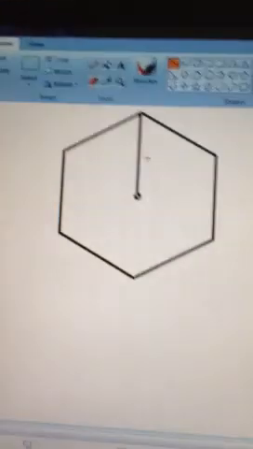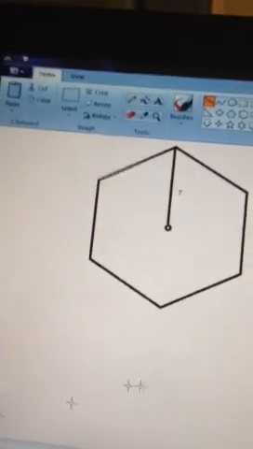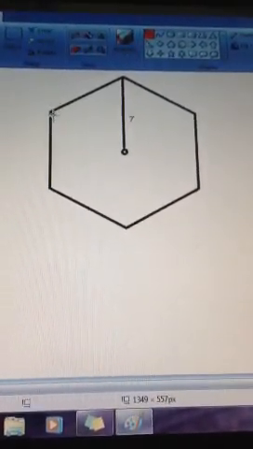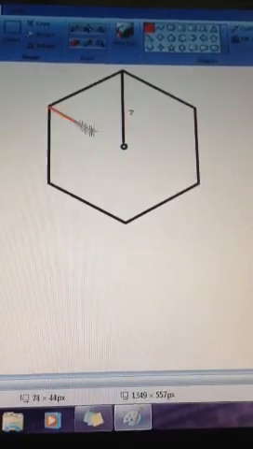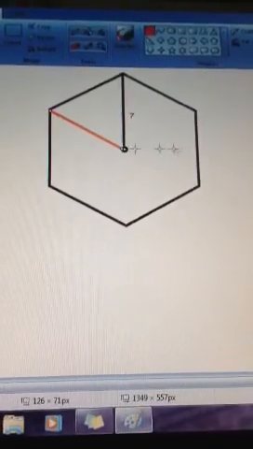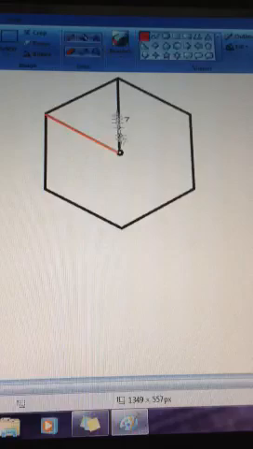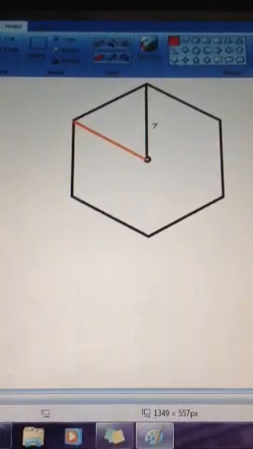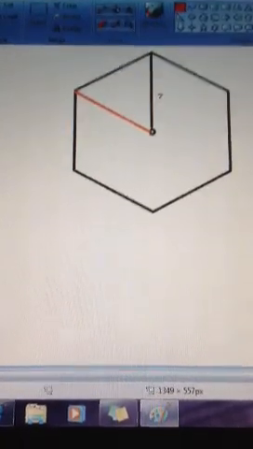Okay, so we know there's 6 sides, and before we can find the apothem, we have to find the central angle. If we were to divide this off right here, finding the measure of this triangle would be a central angle.